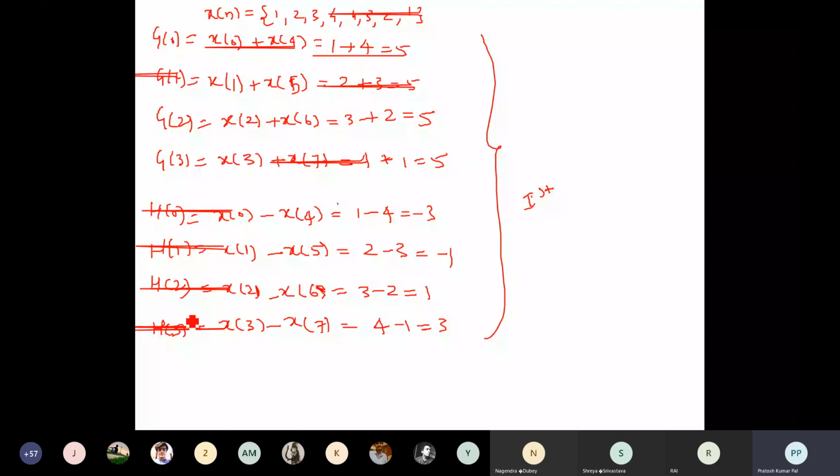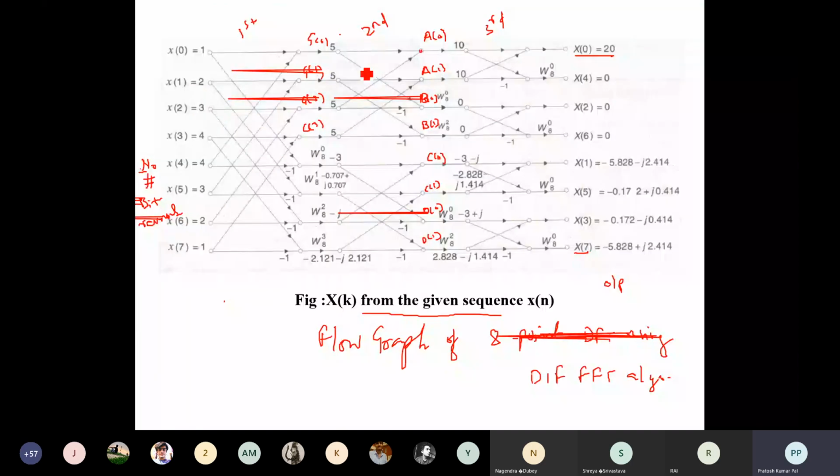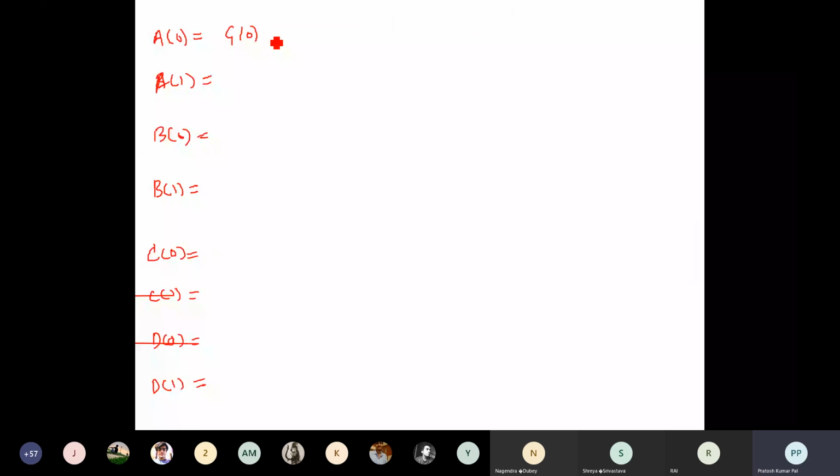This a of 0 value will be equal to g of 0 plus g of 2. So g of 0 and g of 2 are both 5 and 5, so overall it will be 10.